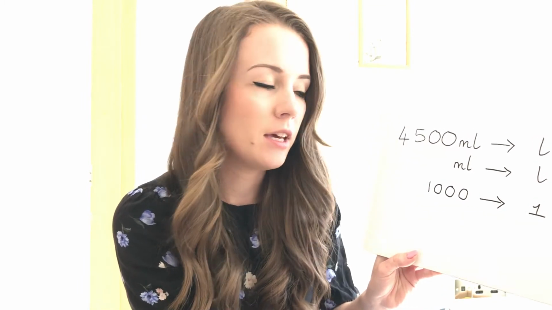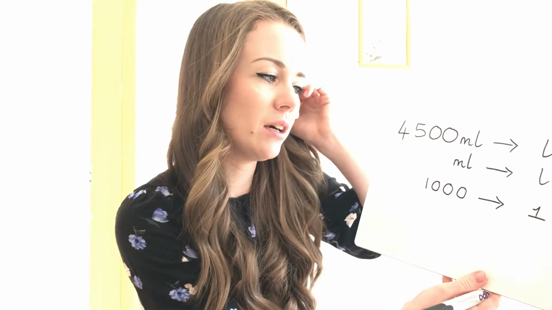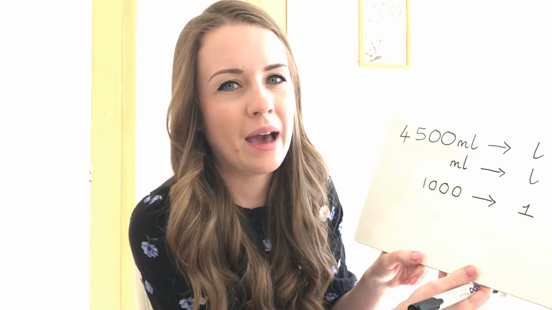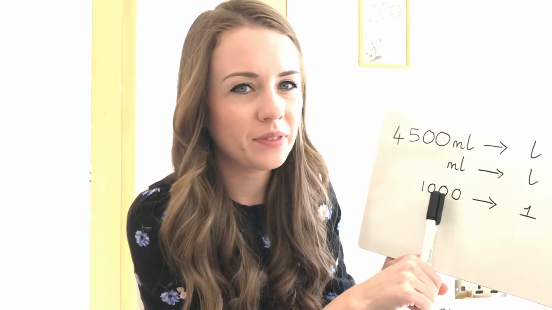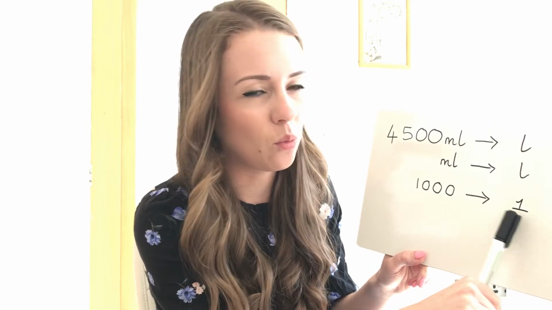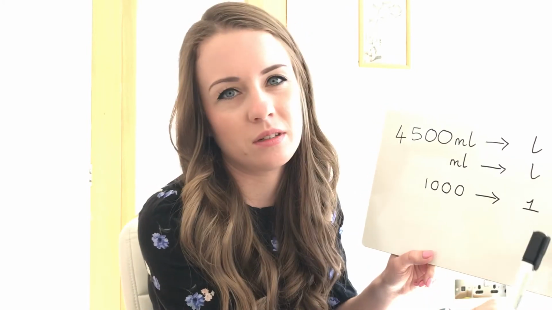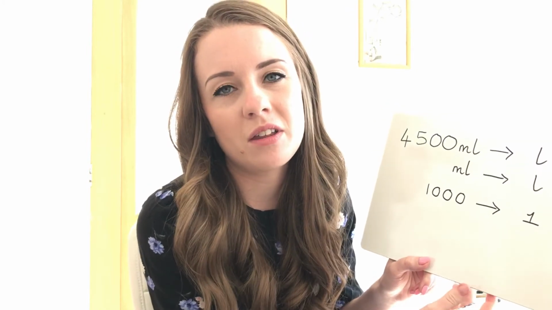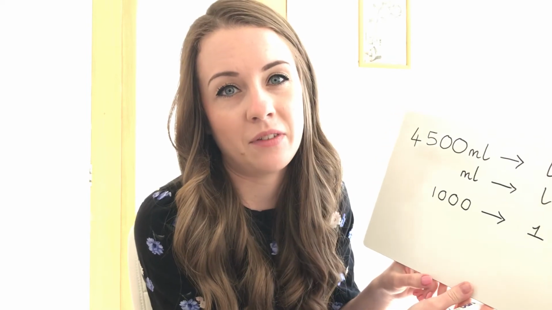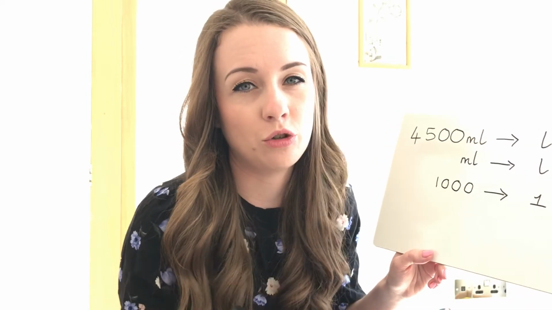Okay? So now I have to think, what have I done to my 1,000 for it to be the same as 1? So what have I done to 1,000 to get 1? And this is when we start thinking about our multiplying and dividing by 10, 100 and 1,000.